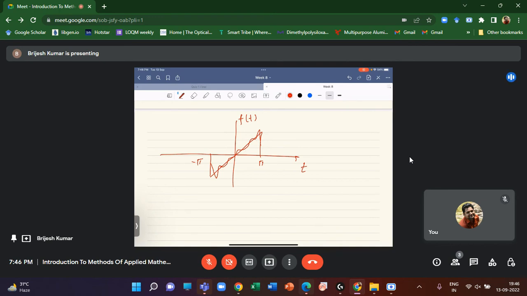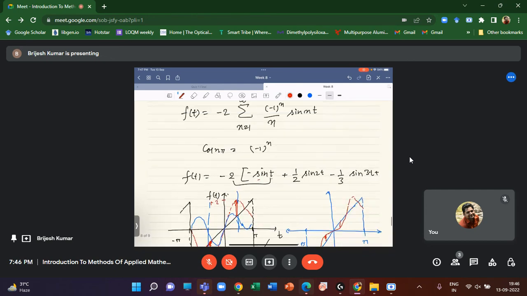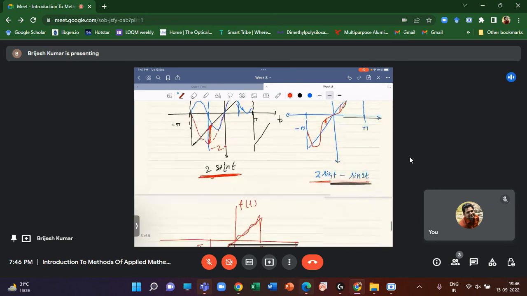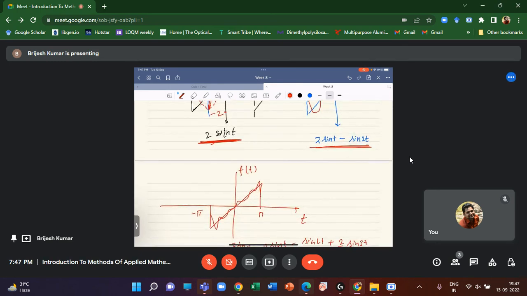This is for only three terms: 2 sin t minus sin 2t plus 2/3 sin 3t. So as we consider more terms, the signal looks more like our previous signal in terms of sine and cosine.